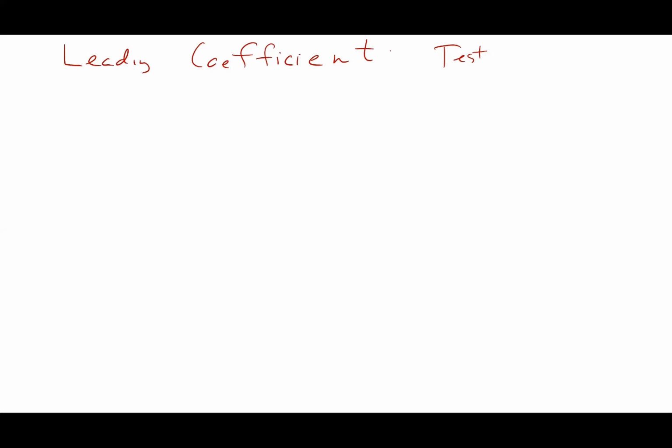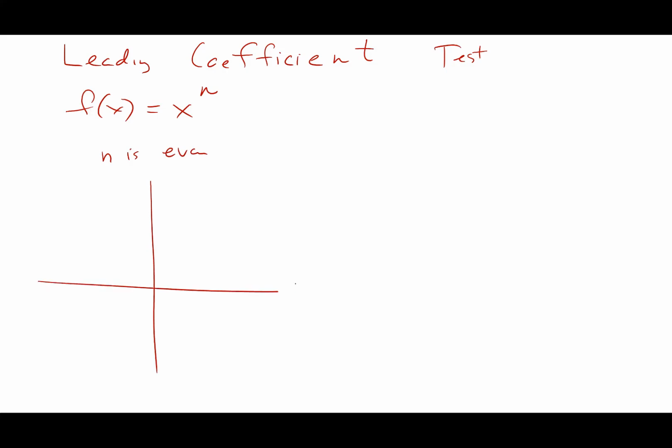All right, and it says this right here. If I have f of x and it's x to the nth degree, if n is even, here's what happens to my function.